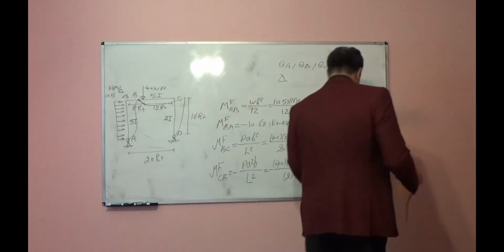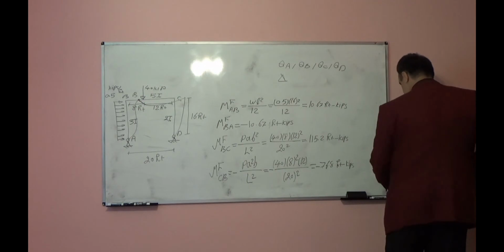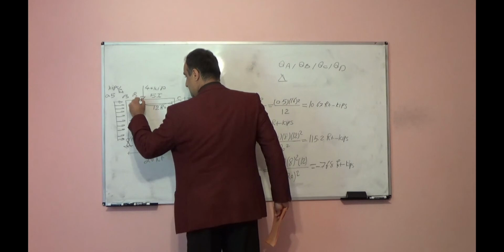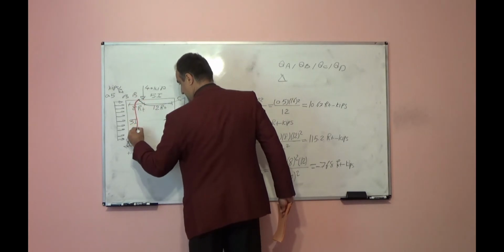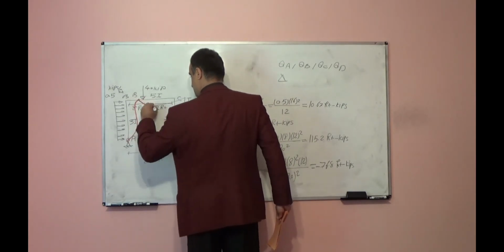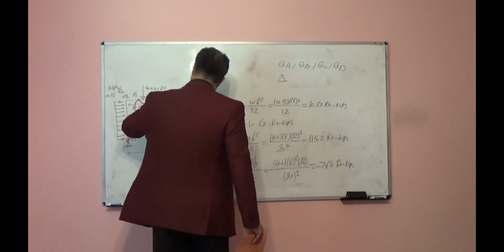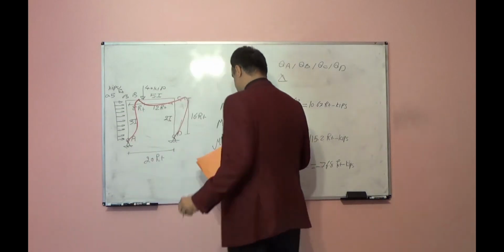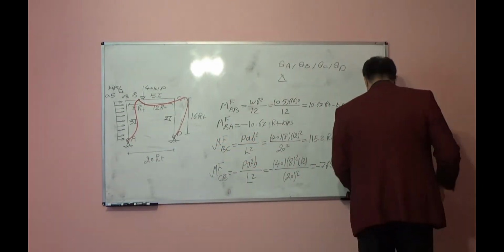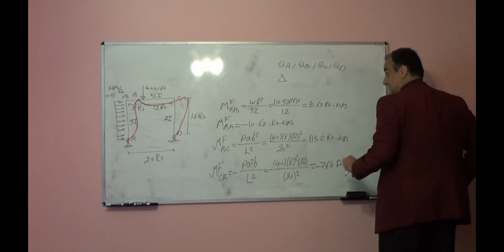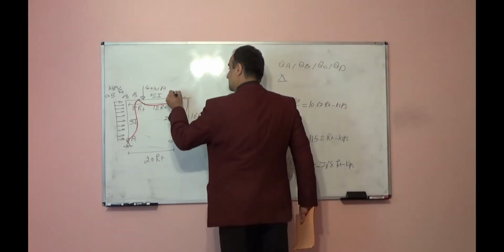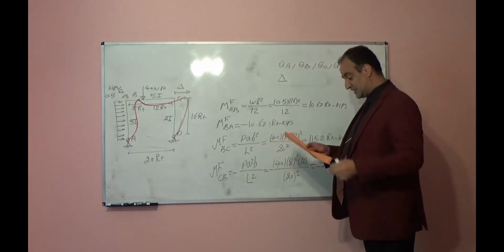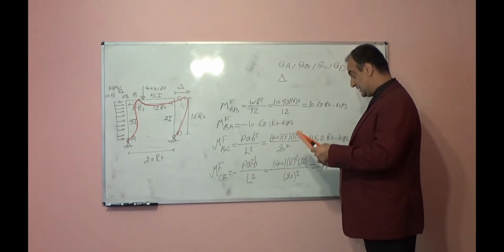Using red color, it will be something like this, roughly. So we have lateral deflection delta as well.